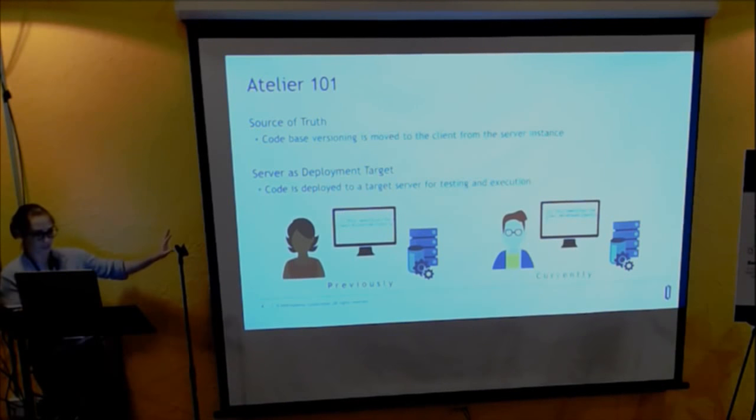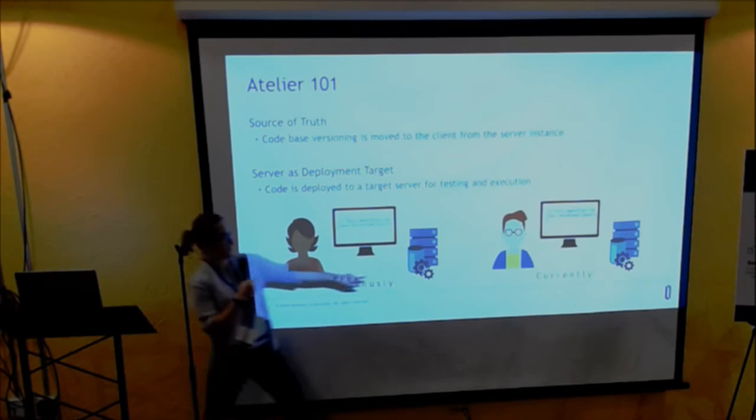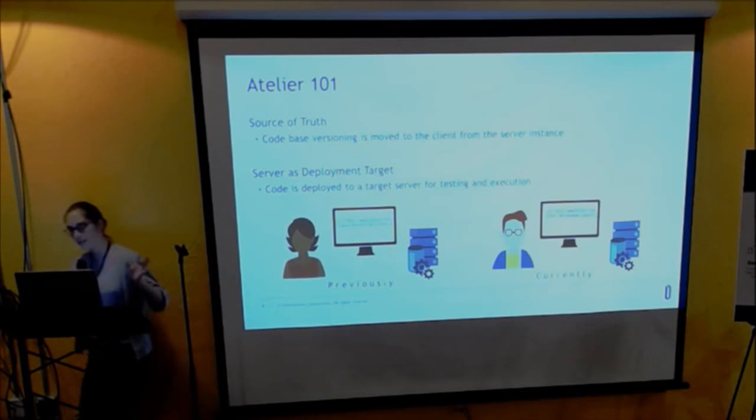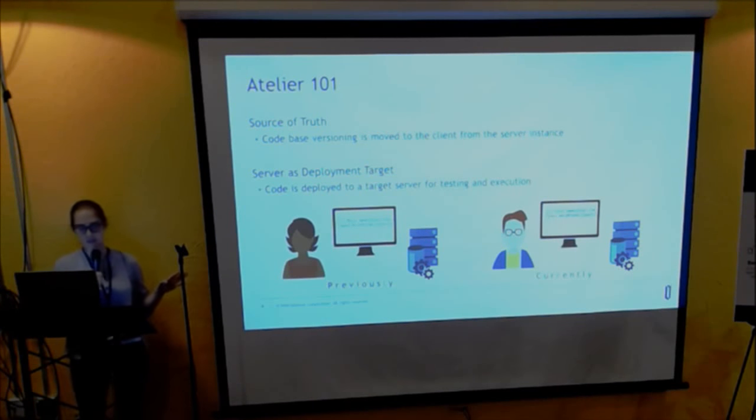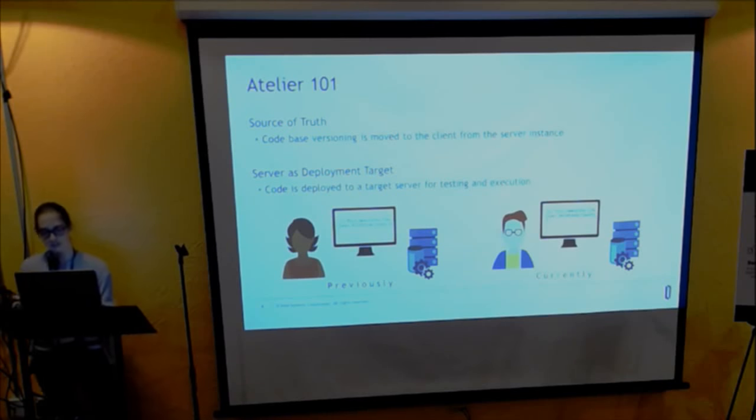Previously, you'd compile, that's what these little gears mean. You would compile and execute all your code on your database, and that's still true. You still test all your code on the database, on the server. But whereas before you would write your code to the database, now you write your code to the client. So this is a little bit more what you would expect if you've developed with any other technologies.